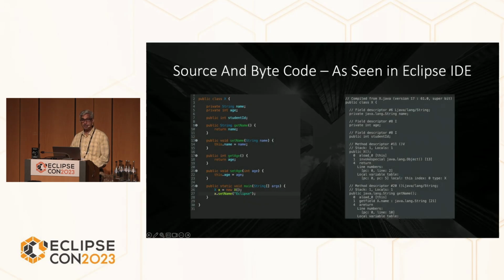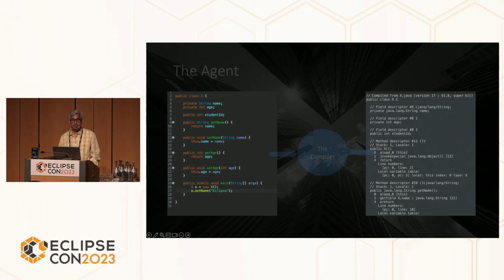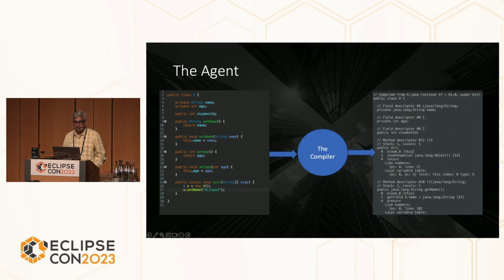If you look at the Eclipse IDE perspective, you can see the source code and, in the disassembler view, the byte code. There is an agent that does this transformation, and that's the compiler.